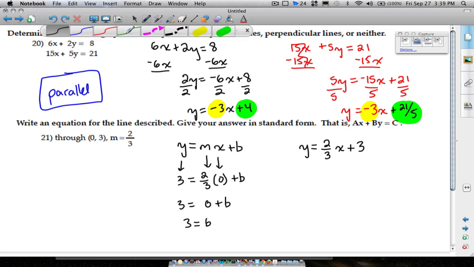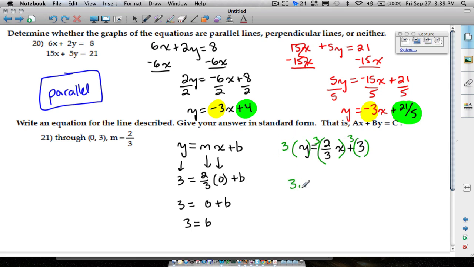So an easy way to get rid of the fractions here is to multiply everything by a common denominator. Since 3 is the only denominator that we have, if we multiply everything times 3, so let's multiply this by 3, let's multiply this right here by 3, and let's multiply this right here by 3. You don't have to show that, but you're just multiplying every term by 3. So 3 times y, we have 3y.